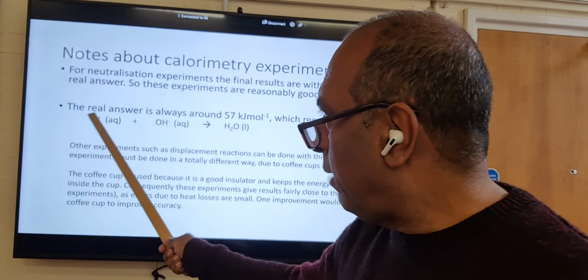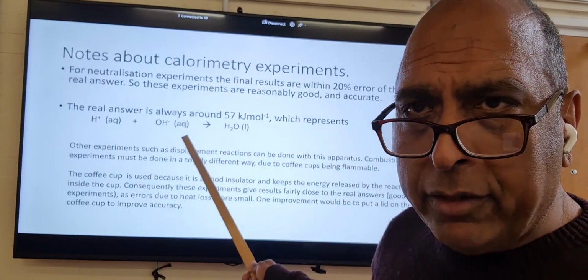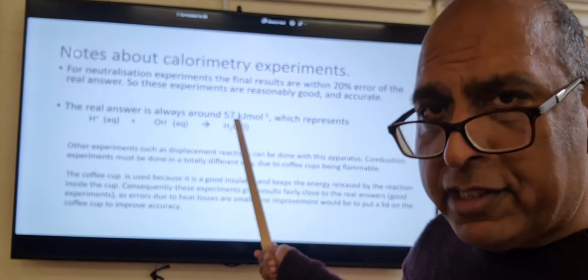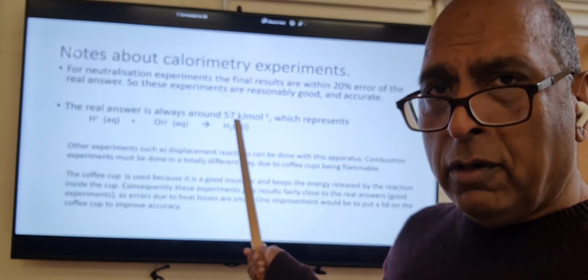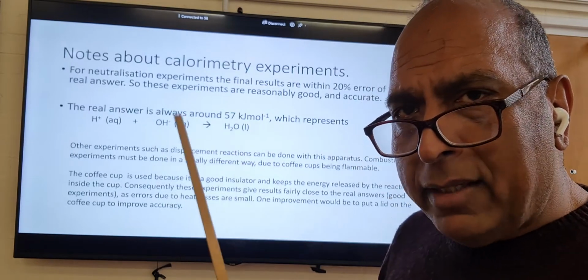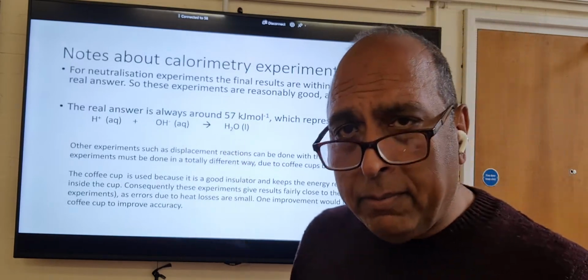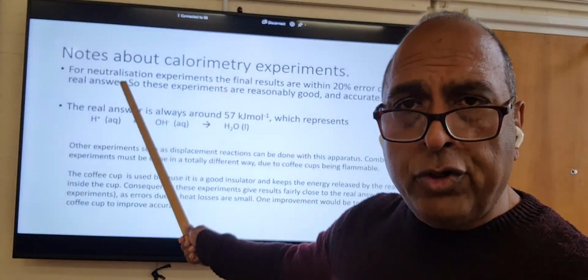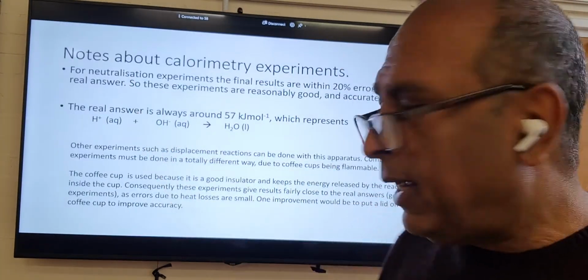And therefore, when a mole of hydrogen ions reacts with a mole of hydroxide ions, making water, they give out 57 kilojoules of energy per mole of water formed. And that is a famous value known by people, and it's famous for neutralisation experiments where acid and alkali react together.